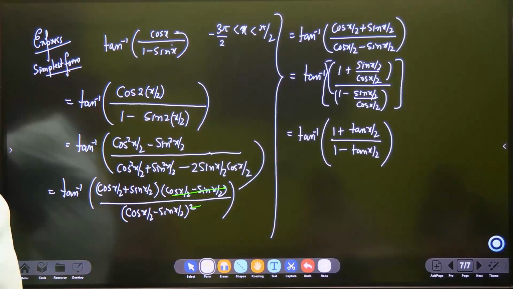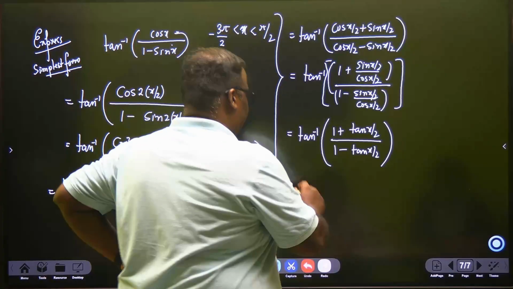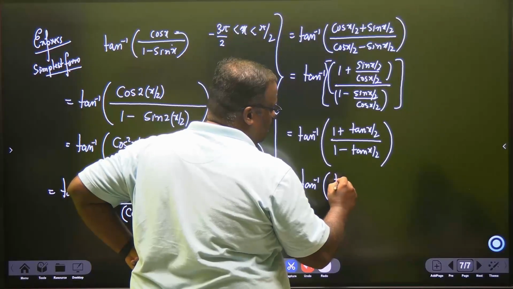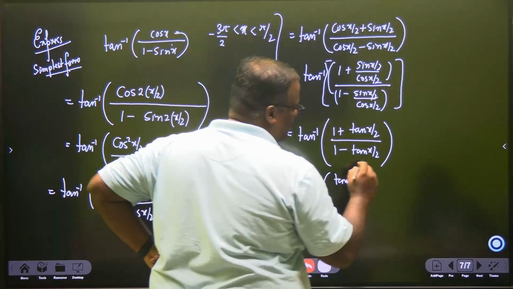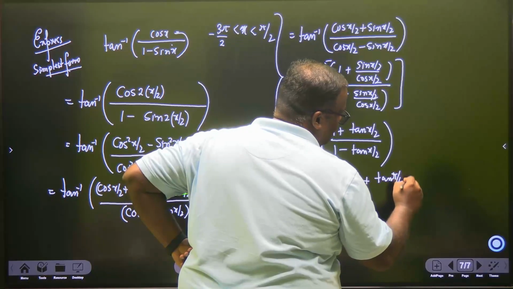What is tan of pi by 4? 1. Tan inverse, tan pi by 4 plus, there is a 1 here also which is hidden.